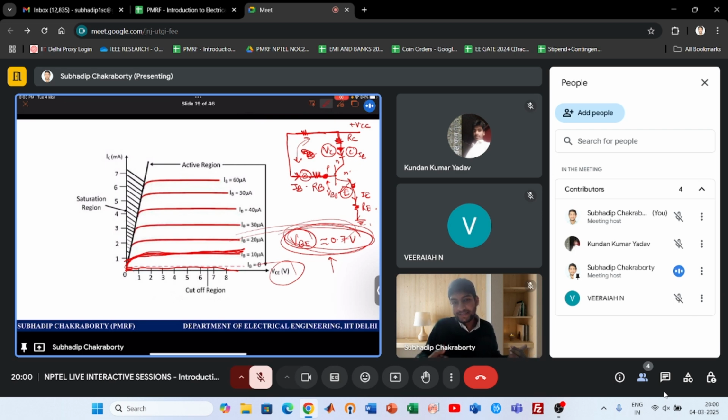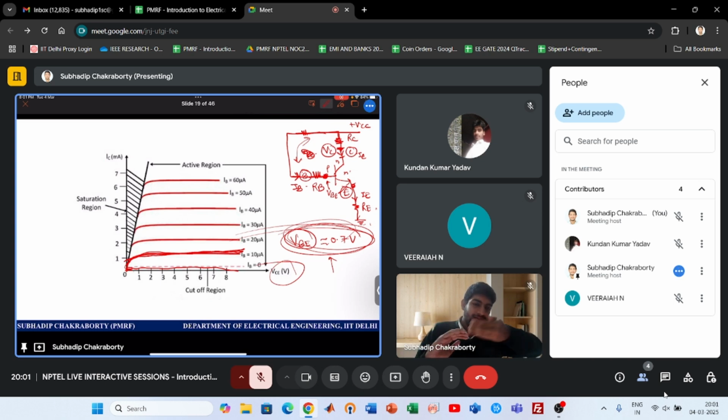And we are not changing VBE, but we are increasing VCE. So keeping VBE or input constant, for a constant forward bias voltage or current, the flow of electrons is almost very much decided.